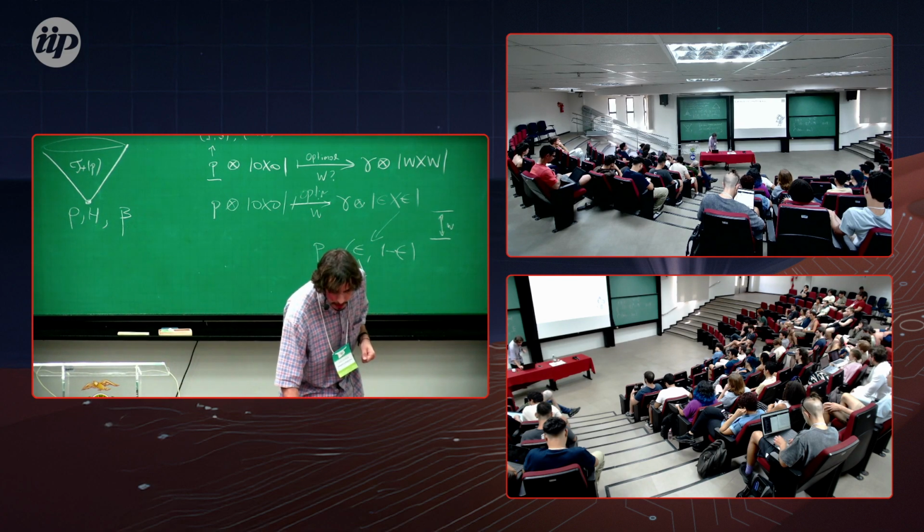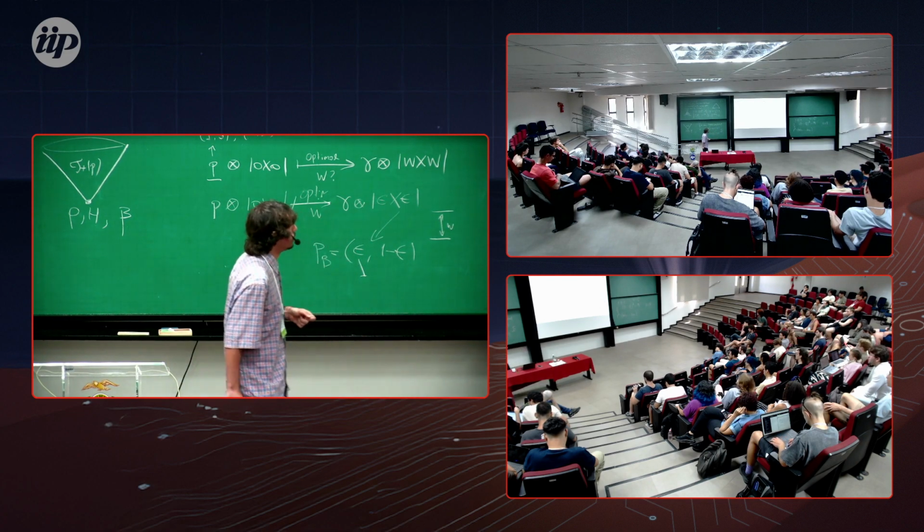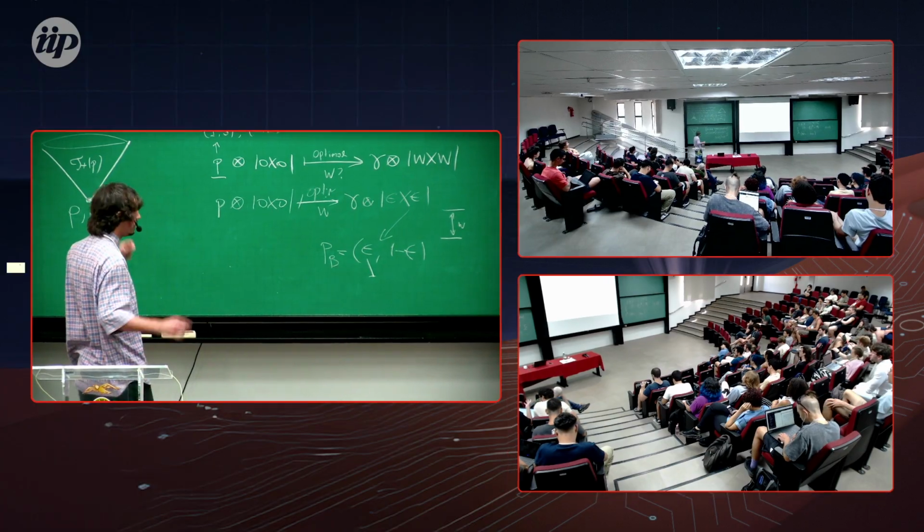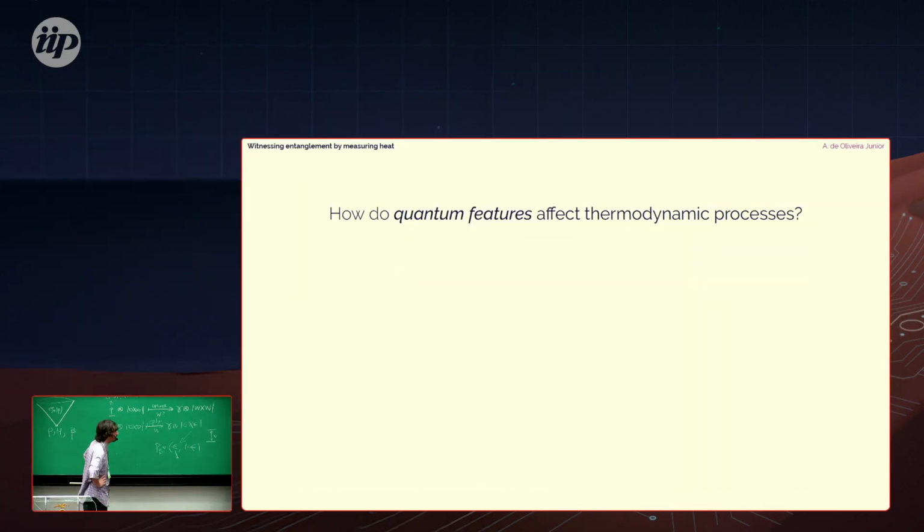And here, I would like to come back to the first question that I started with when I defined quantum thermodynamics in my first class, which is how do quantum features such as entanglement or coherence affect thermodynamic processes, if they do? We know from the literature that actually they do.